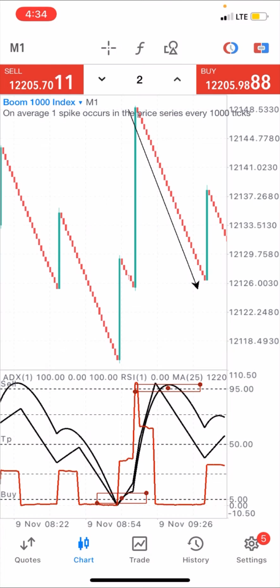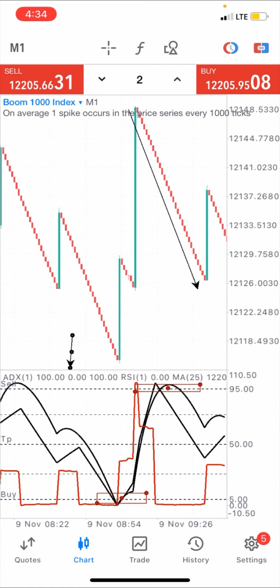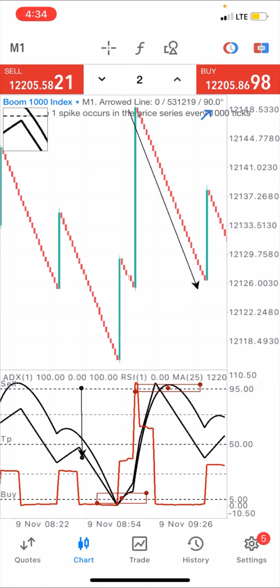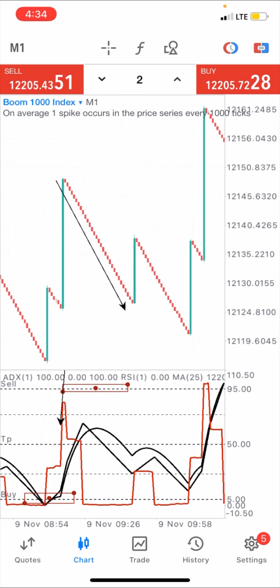The two moving average lines had met, they converged around here, and then they started going back upwards, and then you will see all the multiple spikes that you are seeing on my screen.